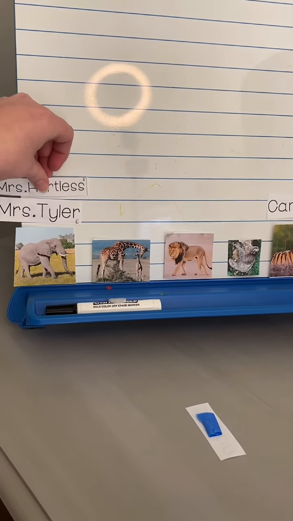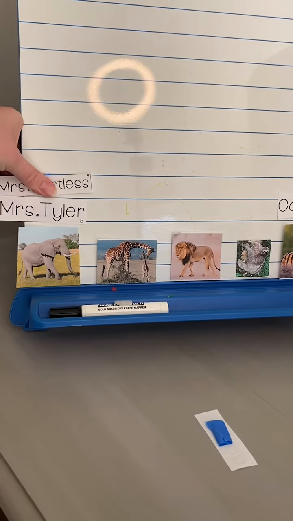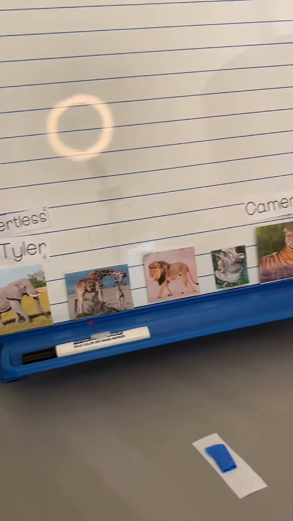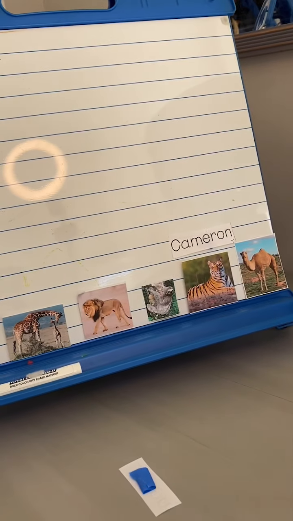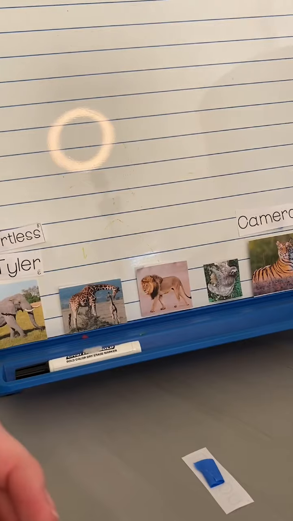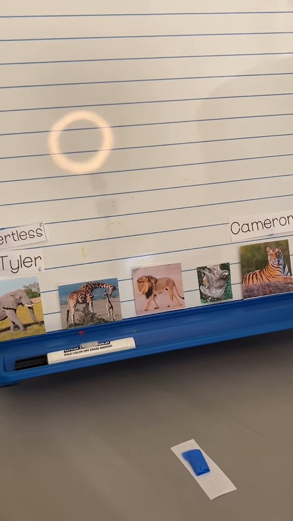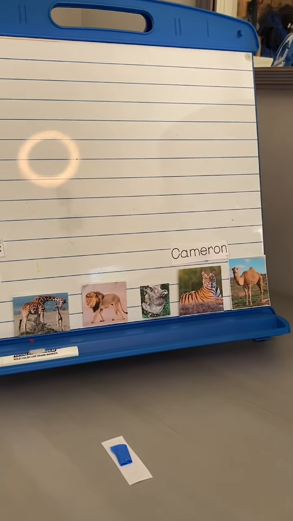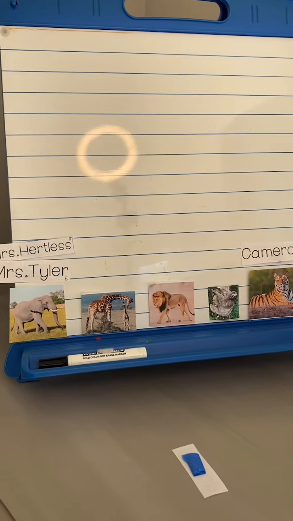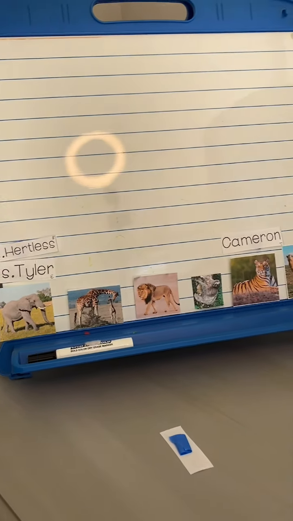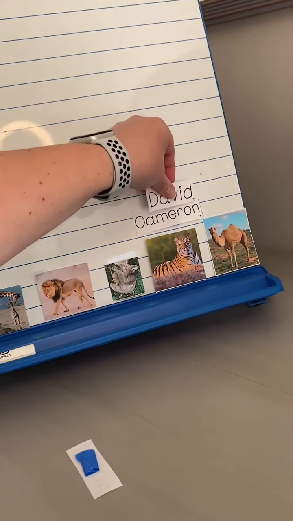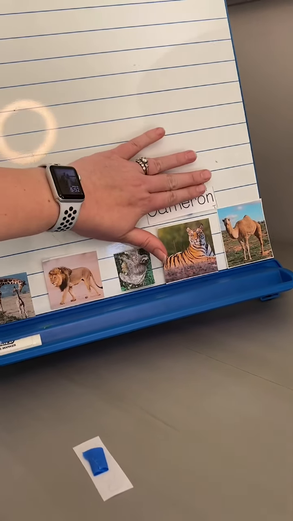If you guessed elephant, you are right. Now we're going to move on to David. Who knows what David's favorite zoo animal is? If you guessed tiger, you are right.